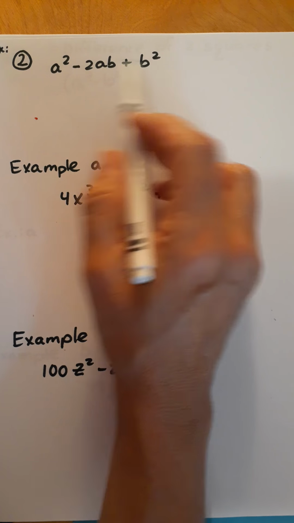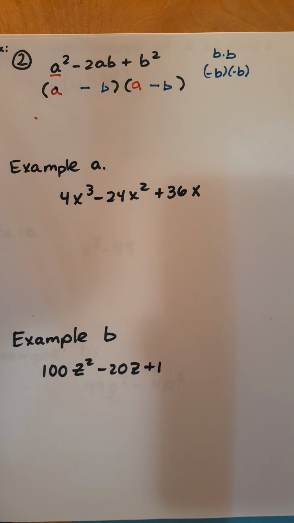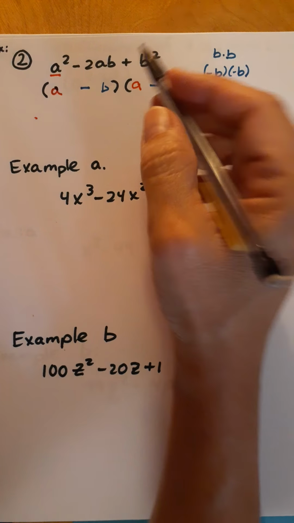You would have to use, which we'll get to eventually, the quadratic formula. We're not there yet, but soon. Anyway, let's double check the middle. Using my trusty pencil, I got a squared, negative b times negative b, positive b squared. We're good. Now the middle term, which is negative b times a, and lo and behold, negative b times a again.